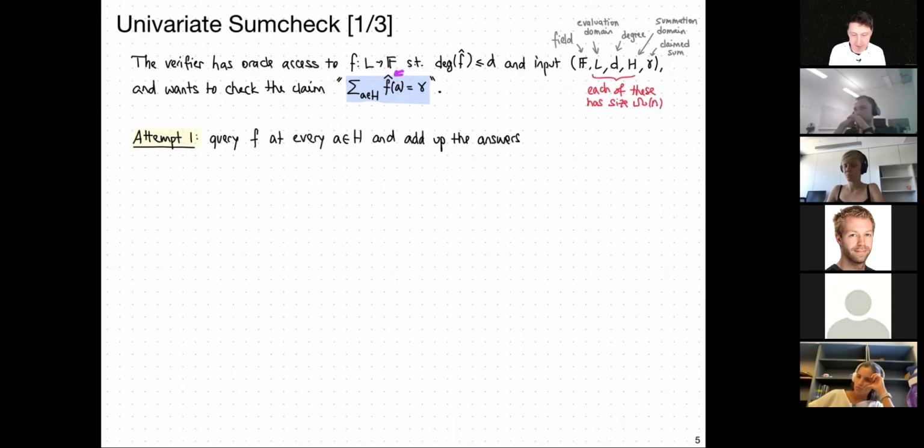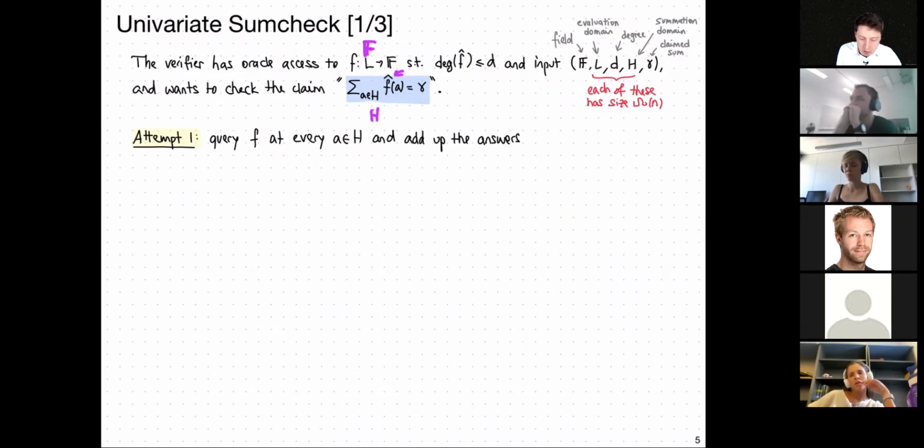I guess I haven't explained it, but the summation domain H and the evaluation domain L may be distinct. In the case when f was defined over all of the field F, we didn't have to interpolate because it was defined everywhere. But here, in case H is not contained in L, we may have to interpolate and then evaluate.